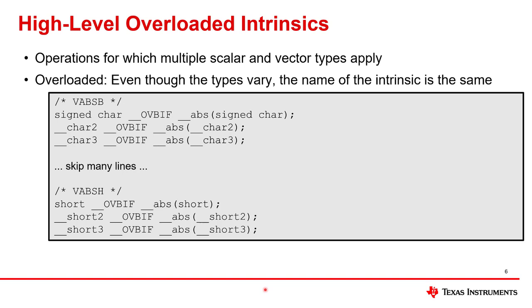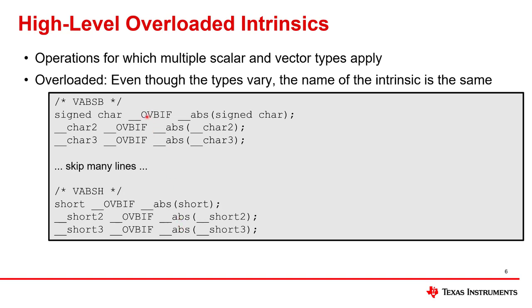Here are some details regarding high-level overloaded intrinsics. These are operations for which multiple scalar and vector types apply. When I say they're overloaded, what I mean is even though the types vary, the name of the intrinsic is the same. To make this a little more clear, here are some lines copied from c7x.h. They're all about the intrinsic abs, okay?